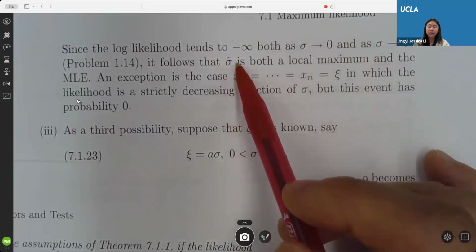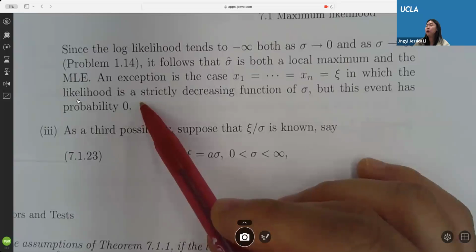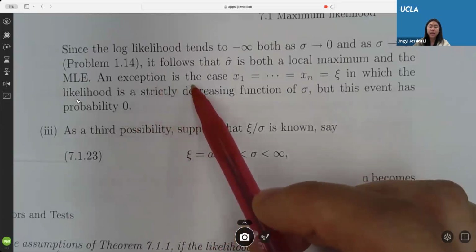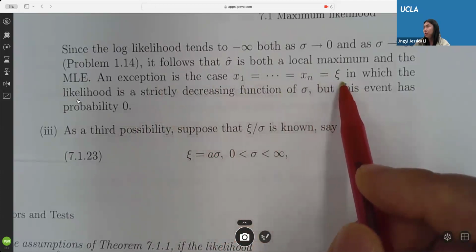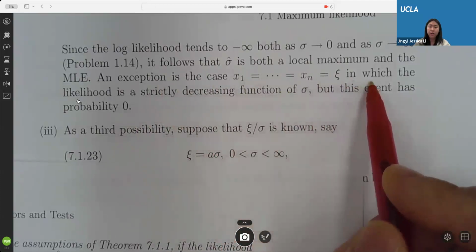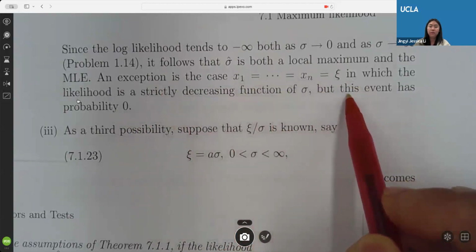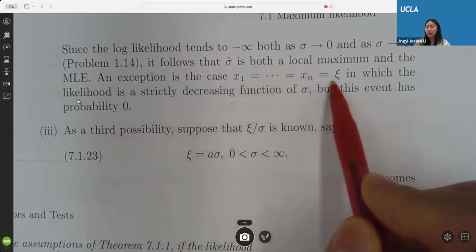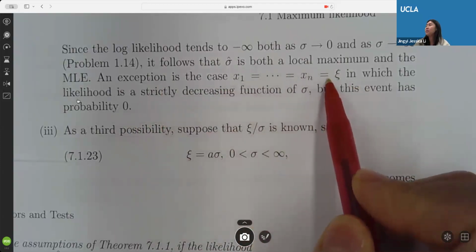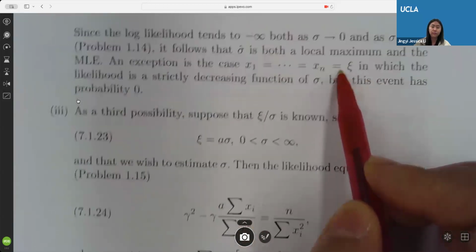It follows that sigma hat is both a local maximum and the MLE. So we verify the MLE. An exception is when your sample is just a constant equal to the mean, in which case the likelihood is a strictly decreasing function of sigma, but this event has probability 0. So this event is unlikely to happen when your sample size is large: you have exactly identical samples from a Gaussian distribution.